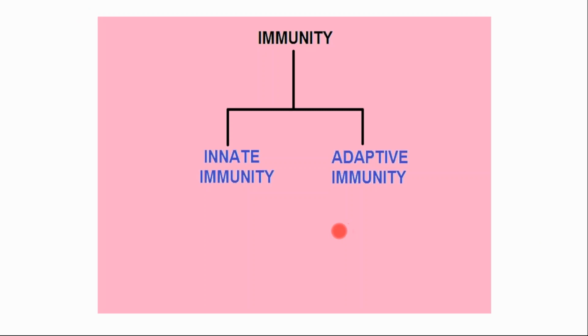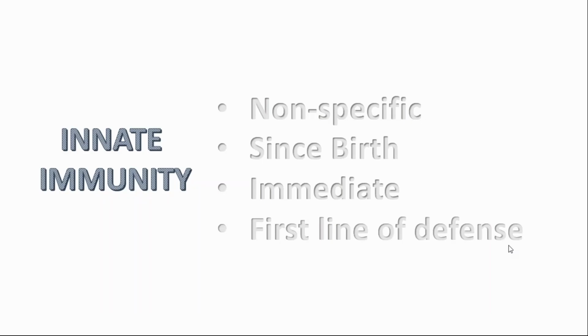Immunity is divided into two. There are two types of immunity: innate immunity and adaptive immunity. Innate immunity is the immunity which is always present within the body since its birth. It is immediate and non-specific.